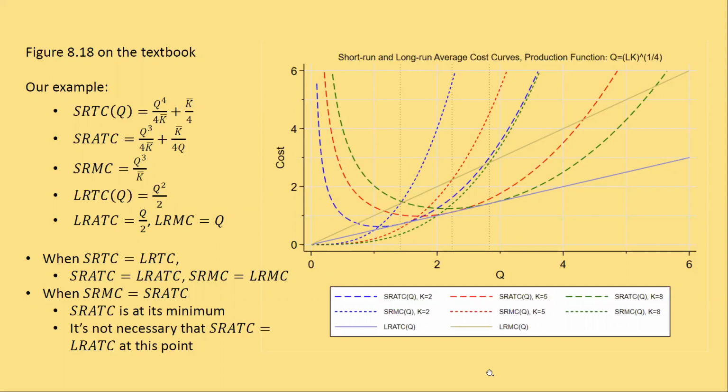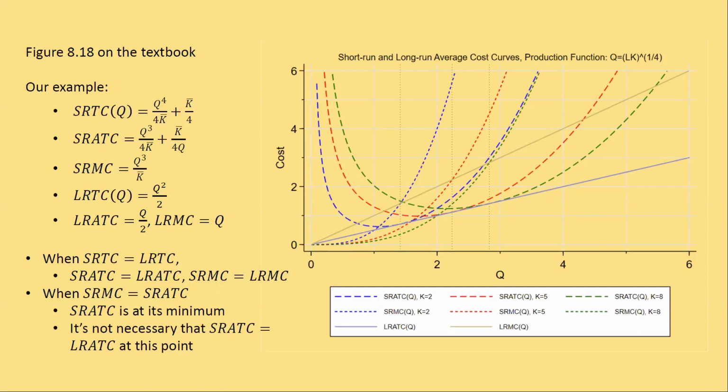The blue long dashed line is the short run average cost, and the blue dashed line is the short run marginal cost when k equals 2. So each color corresponds to a value of k, all right? And similarly, the red long dashed line is the short run average cost when k equals 5.